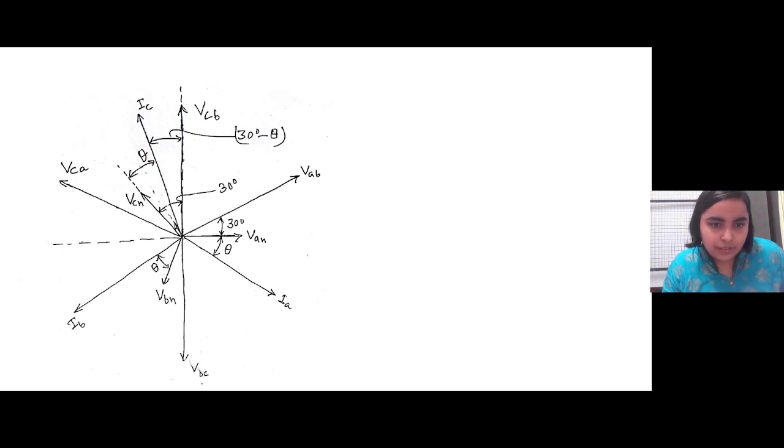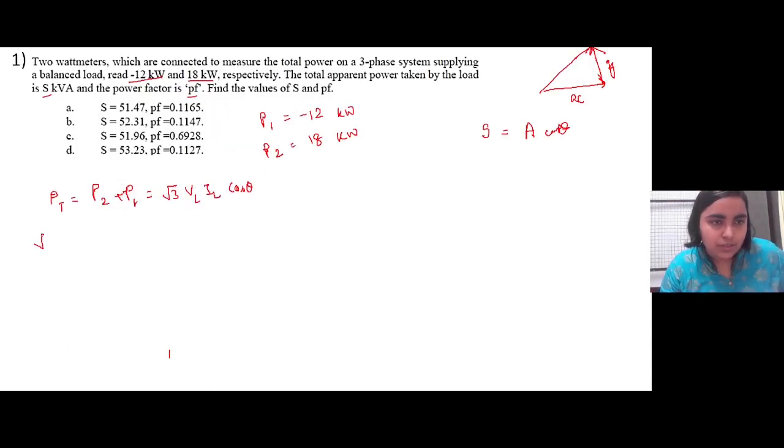These are the line voltages, and these, with respect to neutral, are the phase voltages, and this theta he has shown the relation with the power: root 3 times (P2 minus P1) is equal to root 3 VL IL sin theta.